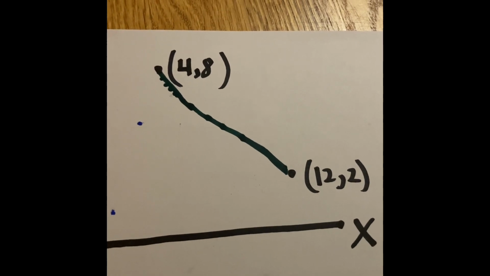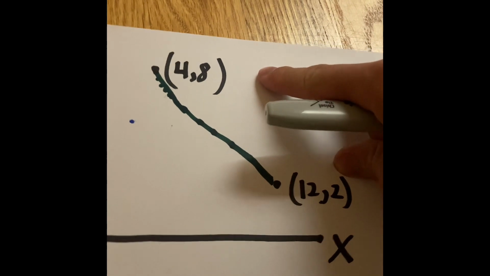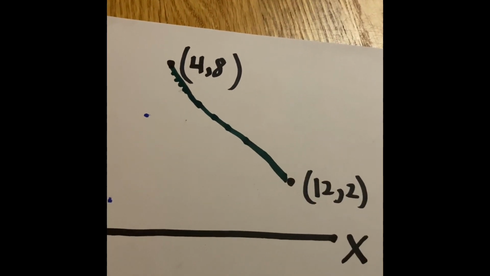What we can do is find the slope between the two, but we're not trying to find the slope of the line.